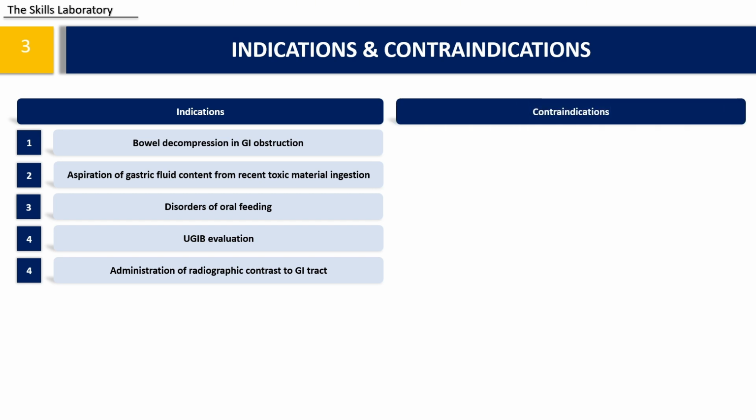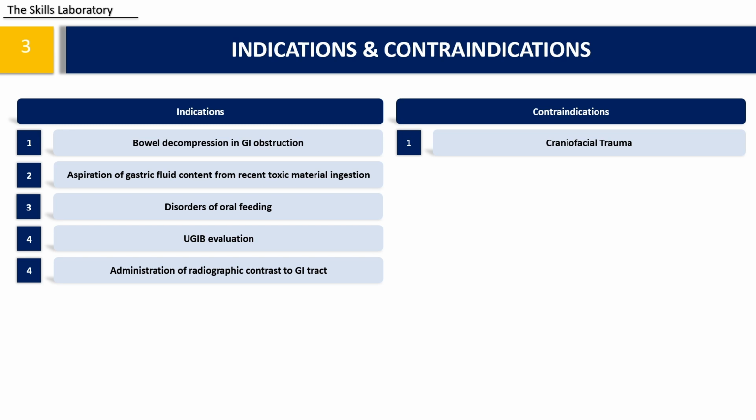Okay, so next, what are the contraindications for your NGT and OGT? Number one is your craniofacial trauma, or severe maxillofacial or mid-face trauma, because again, we have to avoid insertion of the NGT into other parts of the body aside from the GI tract.